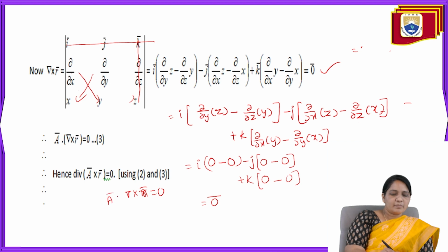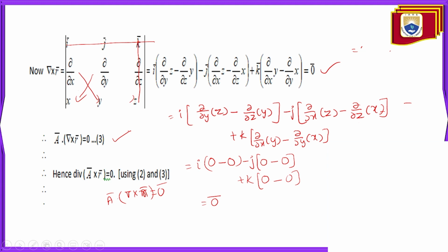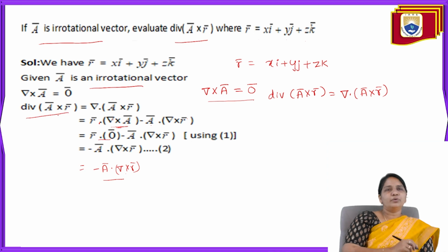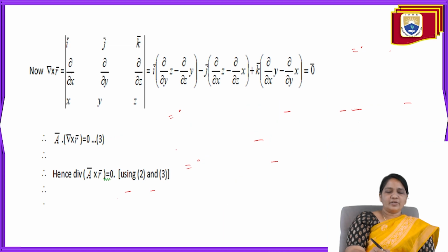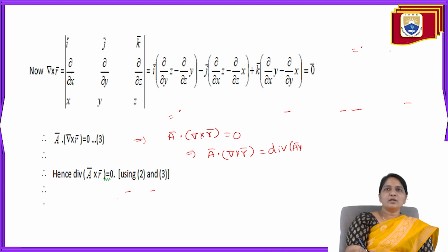So A bar dot 0 value is also 0. So here A bar dot del cross R bar is 0, and that is equal to the divergence of A bar cross R bar.